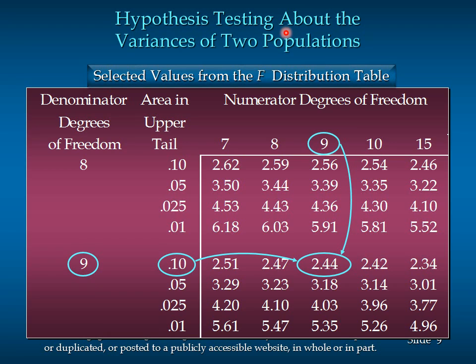If you go to the back of your textbook and look on your F distribution table, it'll look like that. If you don't have your book, go to your F distribution table, and it starts on page 981.